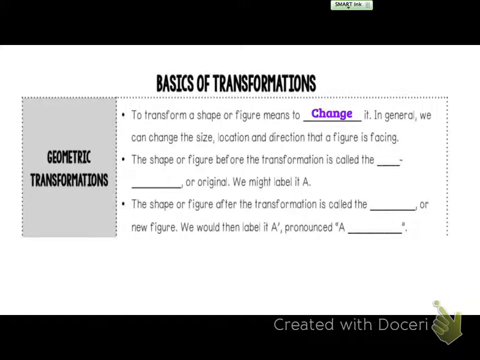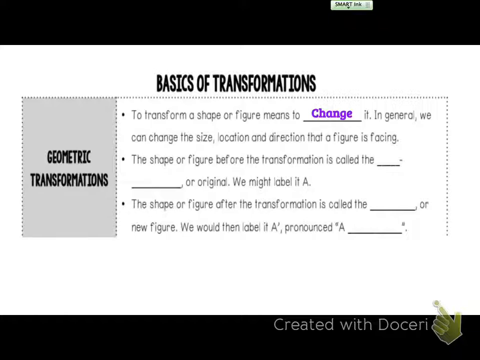A figure is going to be some sort of shape on a coordinate plane. It could be a square, a triangle, a rectangle, a hexagon. It's going to be any kind of shape, okay? So like I just said, in general, we can change the size, location, and direction of the figure.